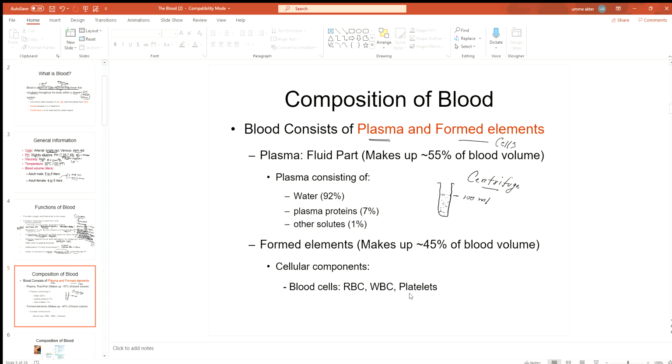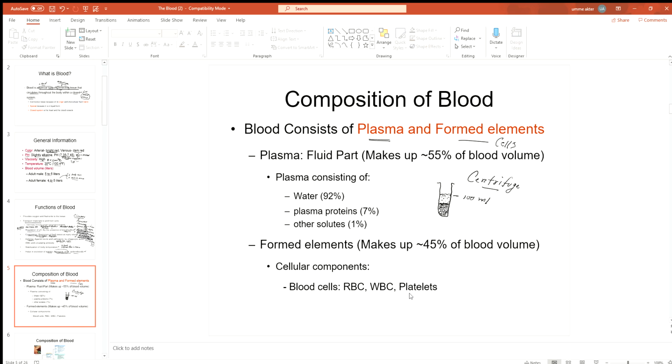You'll see the blood cells, red blood cells, go to the bottom, and then white blood cells and platelets are here. So the blood cells go to the bottom part of the test tube, and the liquid part, the plasma, goes to the top part.